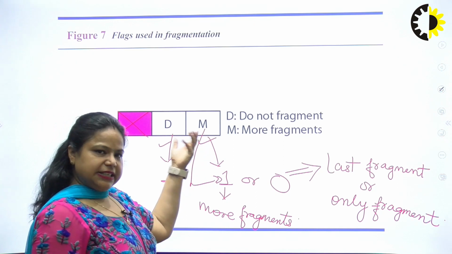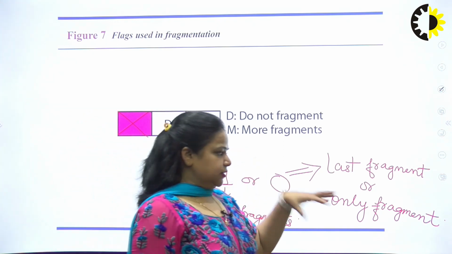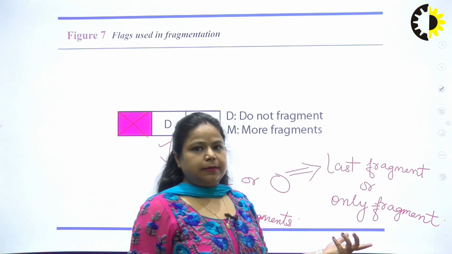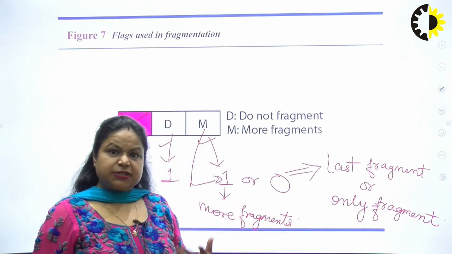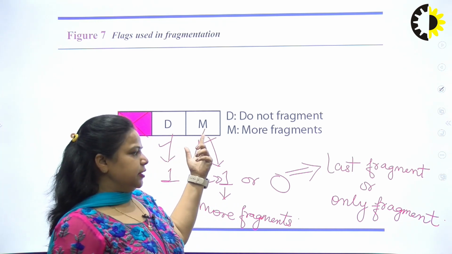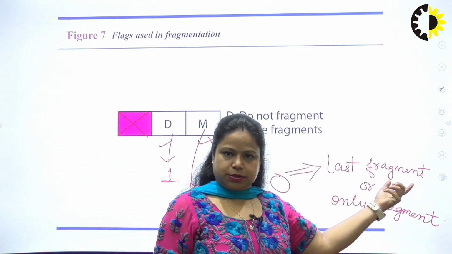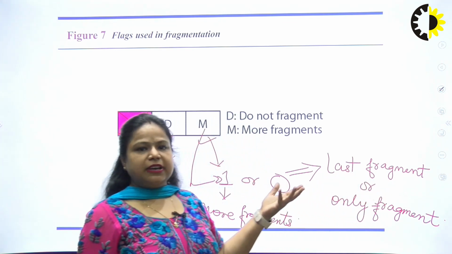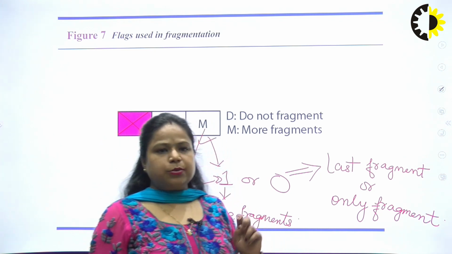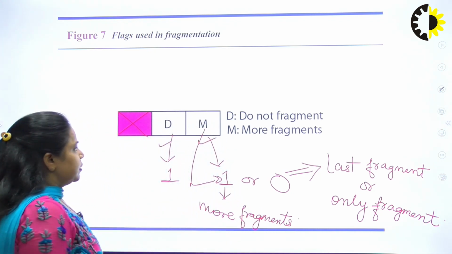In the initial case, if the value is 0, we can say it is the only fragment. We are not aware whether there are more fragments or not, right? Similarly, if the value is 0, this can be the last fragment also, right? So both values are possible in the case of the last bit. This is the way we set the fragmentation, right?